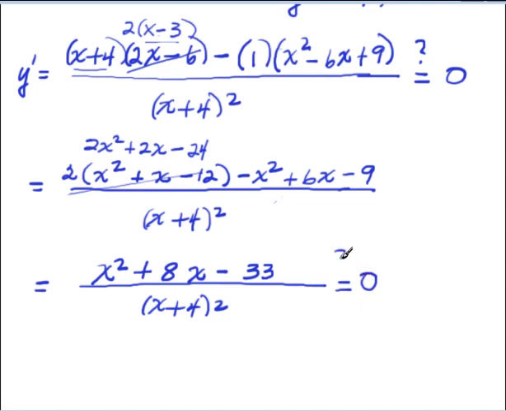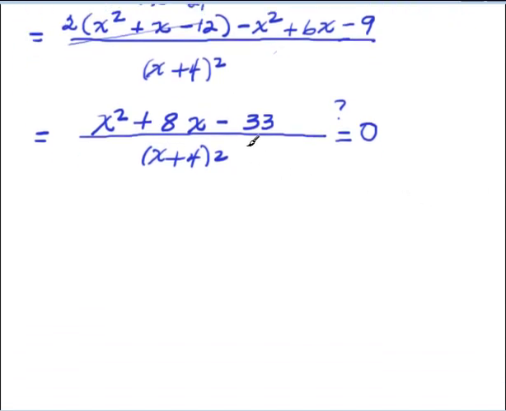And we want to know, when is this equal to 0? So remember that a quotient is 0 if it's in lowest terms, and this one is, if the numerator is 0. So basically we just want to set the numerator equal to 0. Let's try factoring that numerator.